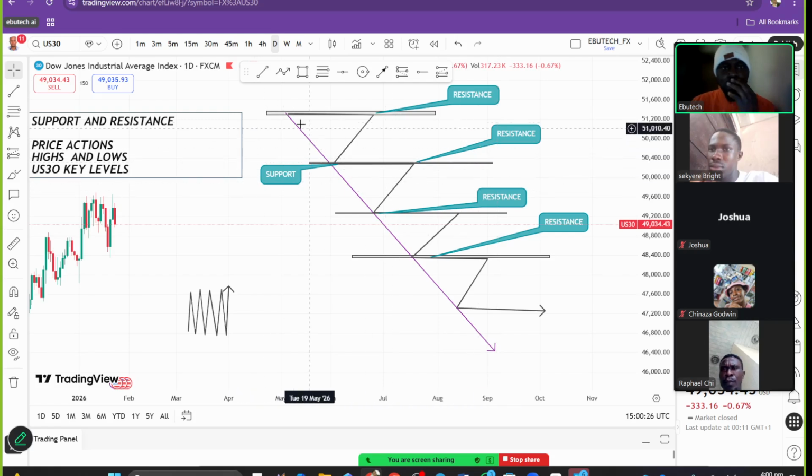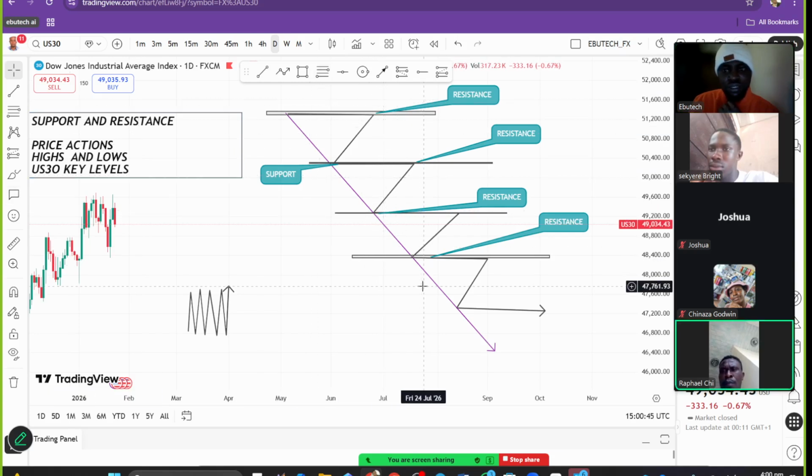So now, when this market gets here and breaks this support level, remember, this is a downtrend.